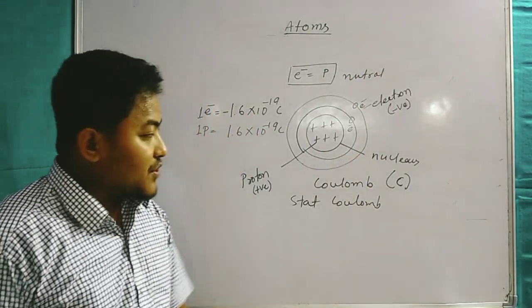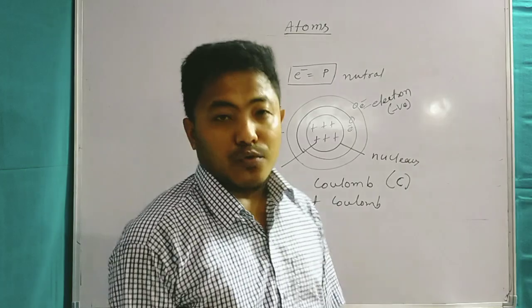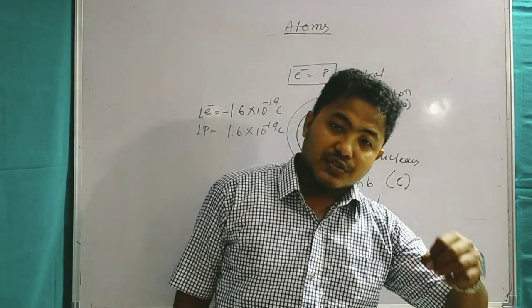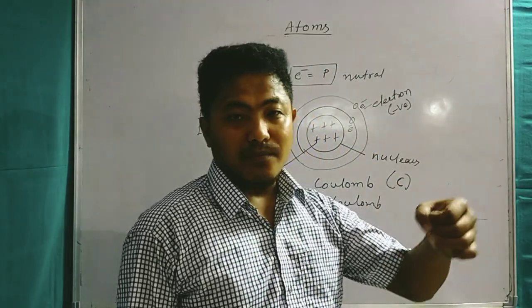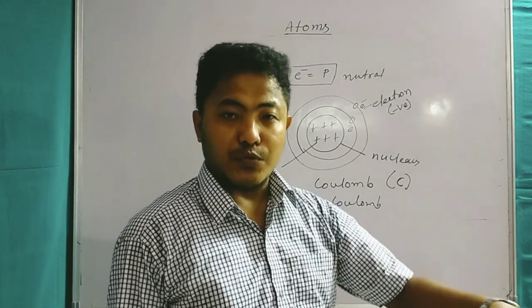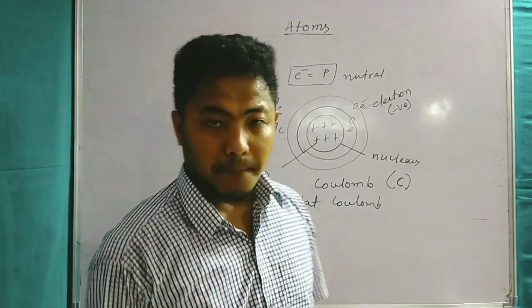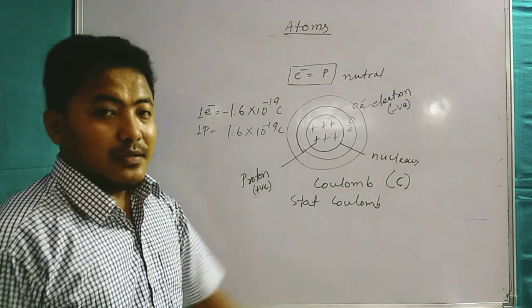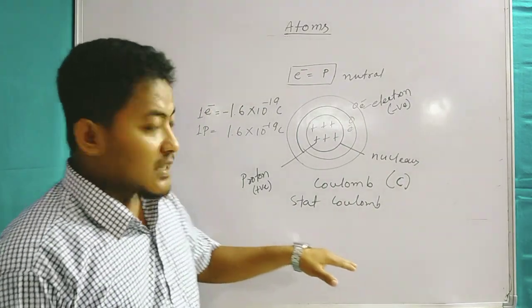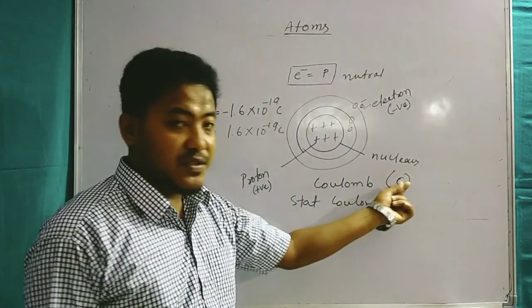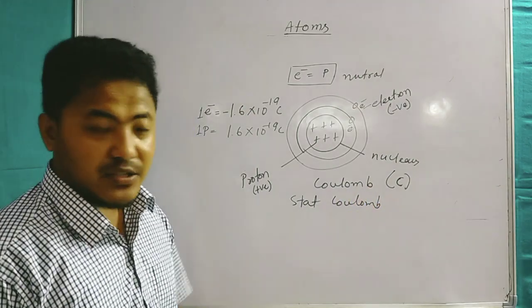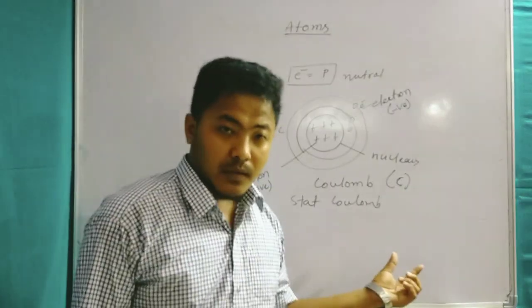So this is some basic information about electric charge. Electric charge is the property possessed by a body by virtue of which it shows attraction and repulsion. The SI unit of electric charge is coulomb, C, and the CGS unit is stat coulomb.